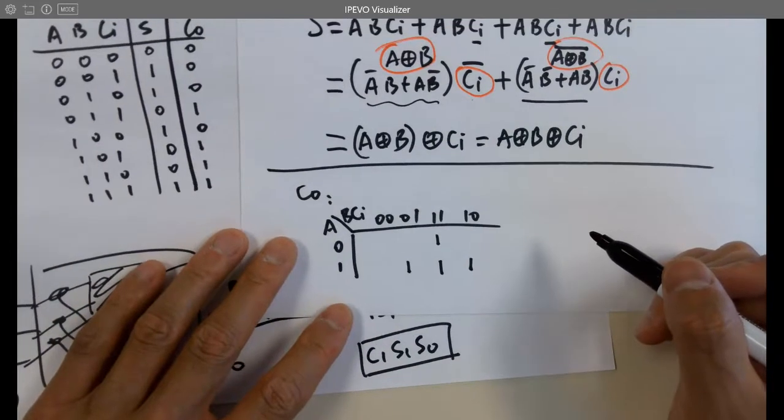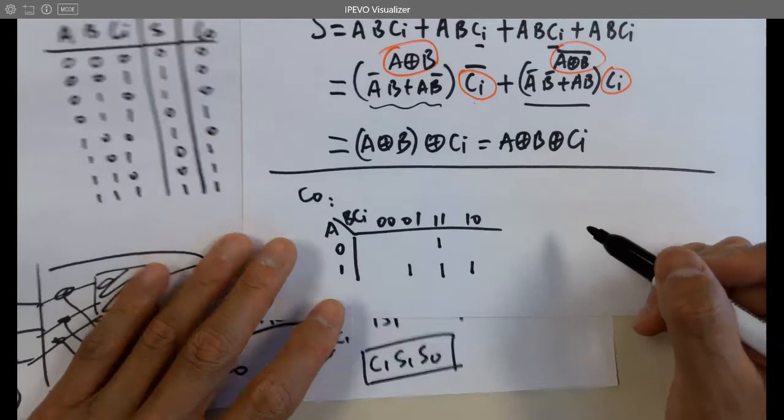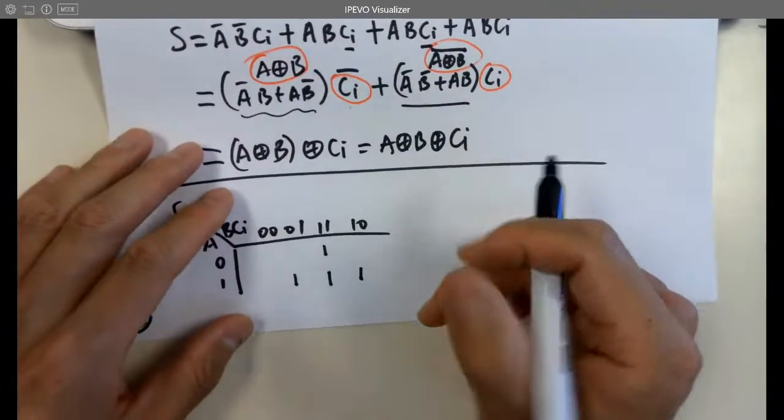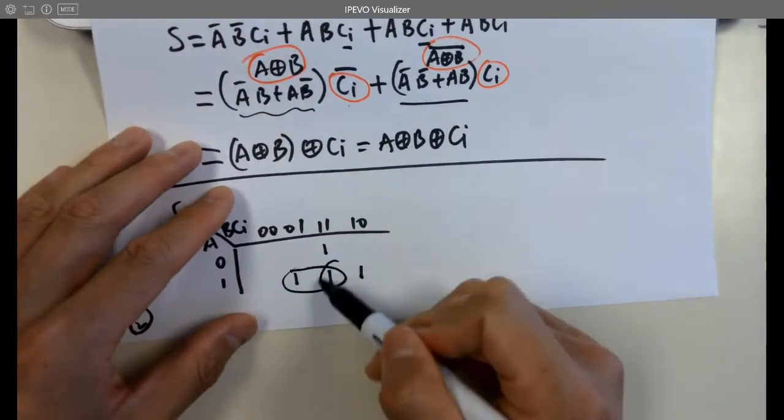How to group them? In order to get rid of static hazard, remember that still?